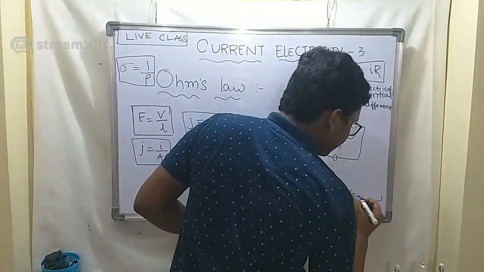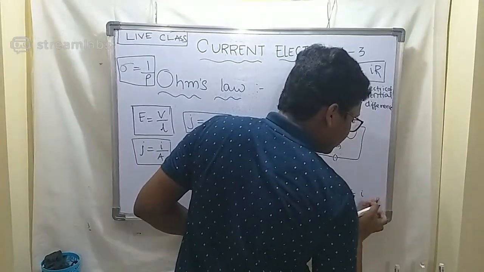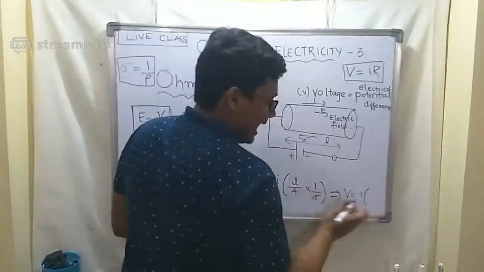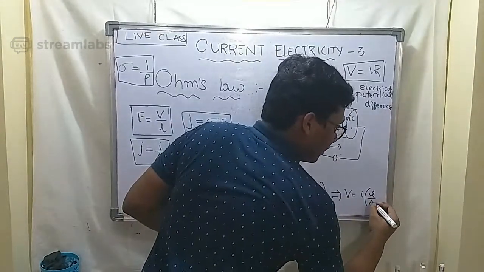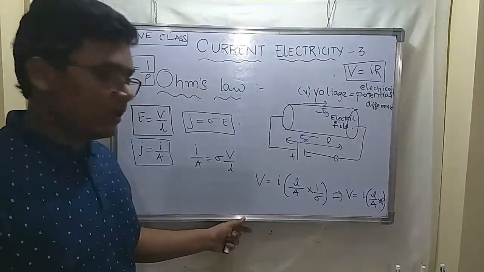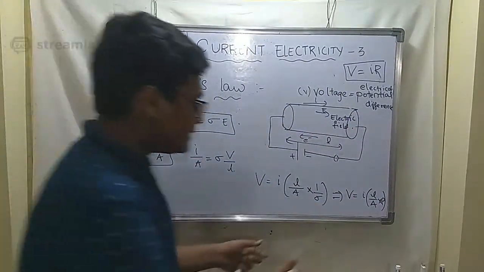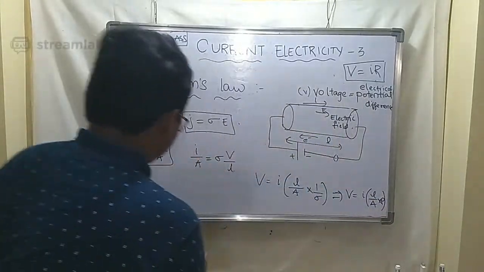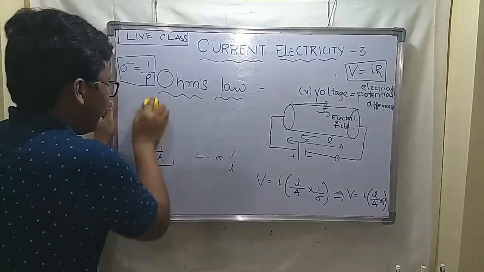And this V is equal to I into L by A into rho.